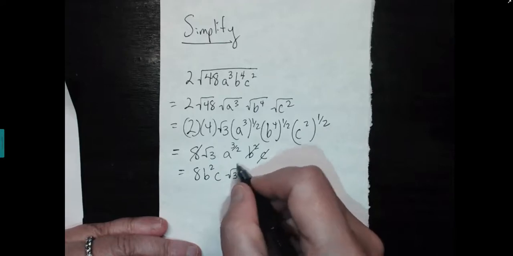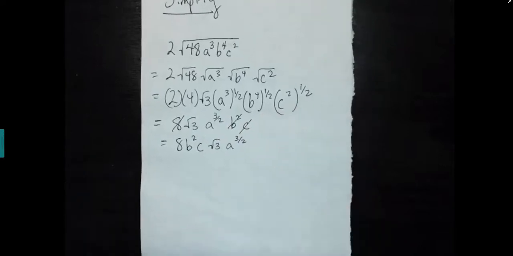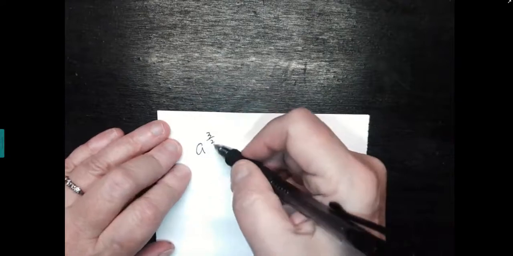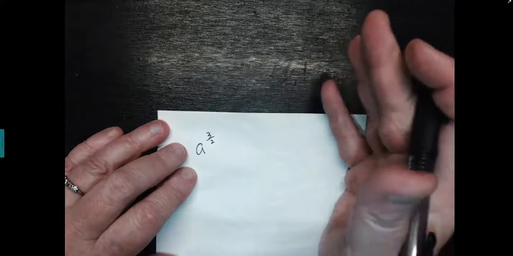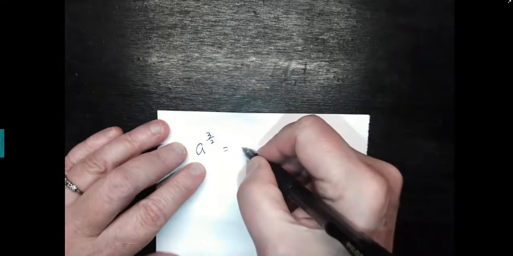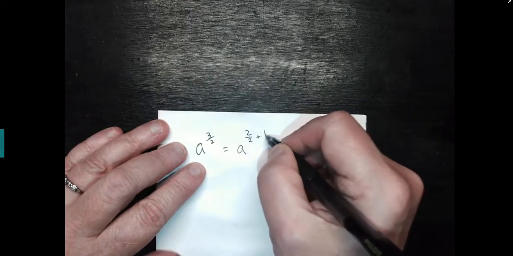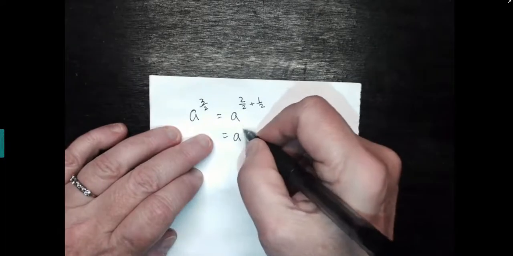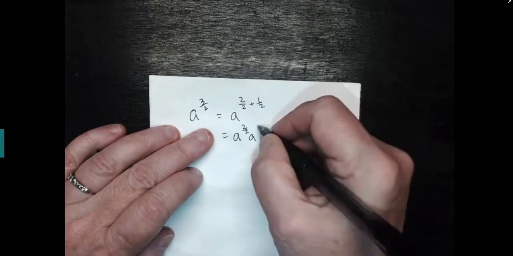And now what do we do with this A to the 3/2? Well, obviously 2 is not a factor of 3. So what I might do here is rewrite 3/2 as 2/2 plus 1/2. Because we know that's the same thing as that.